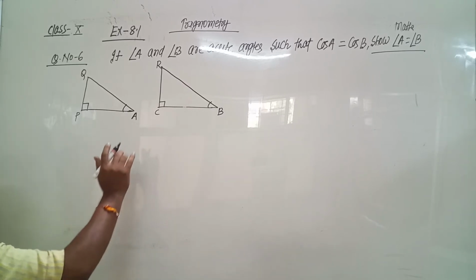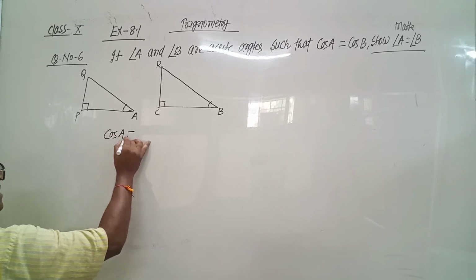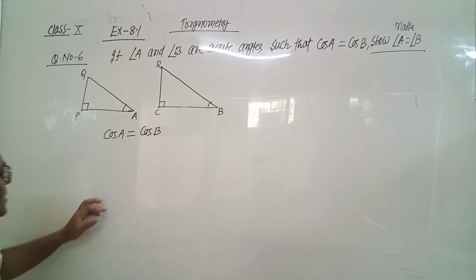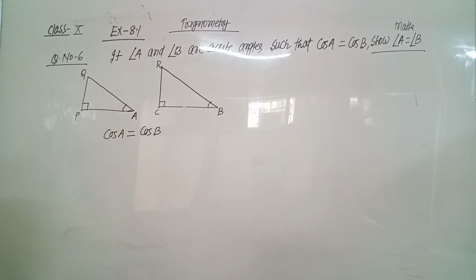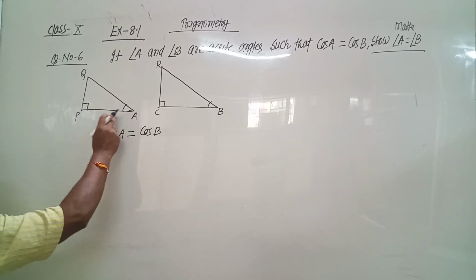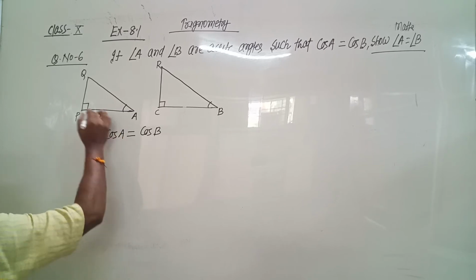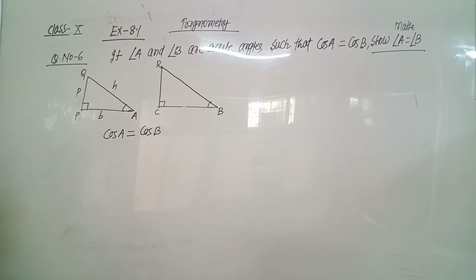Now we are given that cos A equals cos B. We have this given in our question. So for acute angle A, AP is the base, PQ is the perpendicular, and AQ is the hypotenuse.